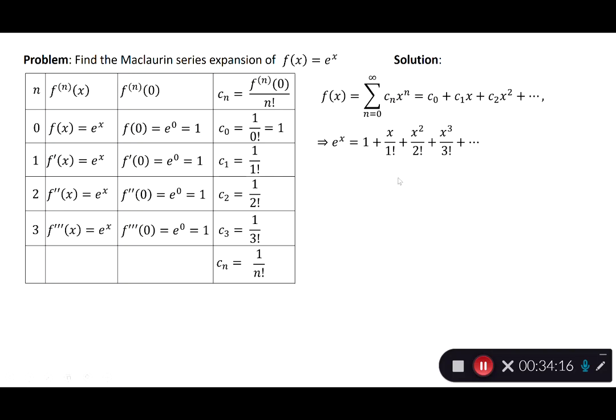You must write this original function, the power series f of x is equal to this, and then you figure out exactly what it should be for the function that is given. This is the money. I don't know why people wouldn't want to do this, because this is, after all, what we are trying to do. Write, in this case, e to the x as a power series, as a Maclaurin series.